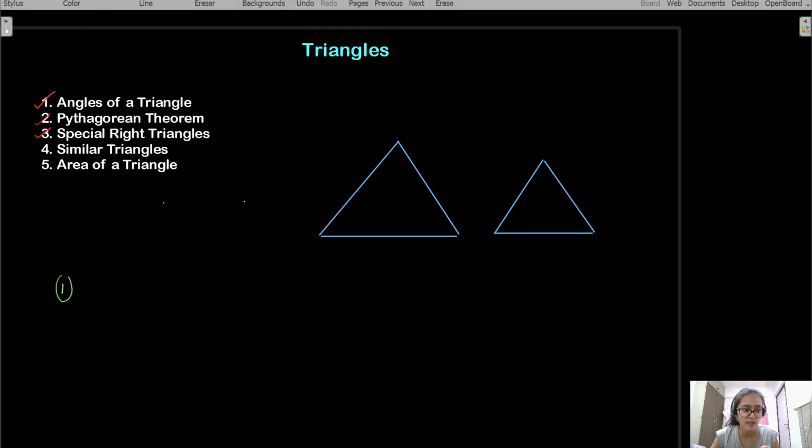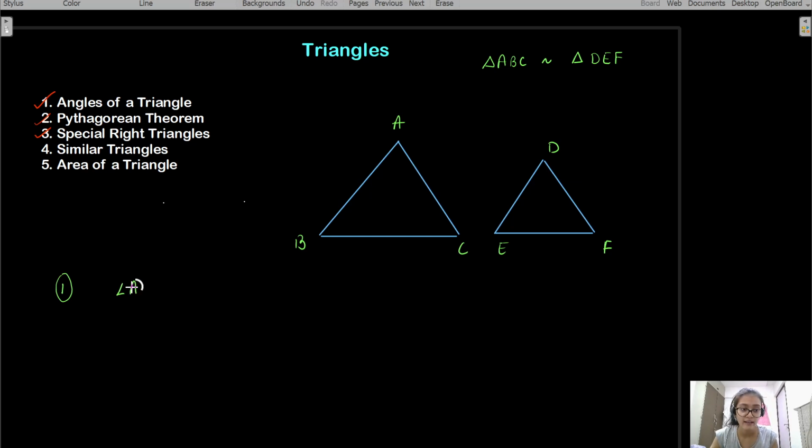The first concept is that the corresponding angles of similar triangles are congruent. If I say triangle ABC is similar to triangle DEF, then the corresponding angles will be congruent.